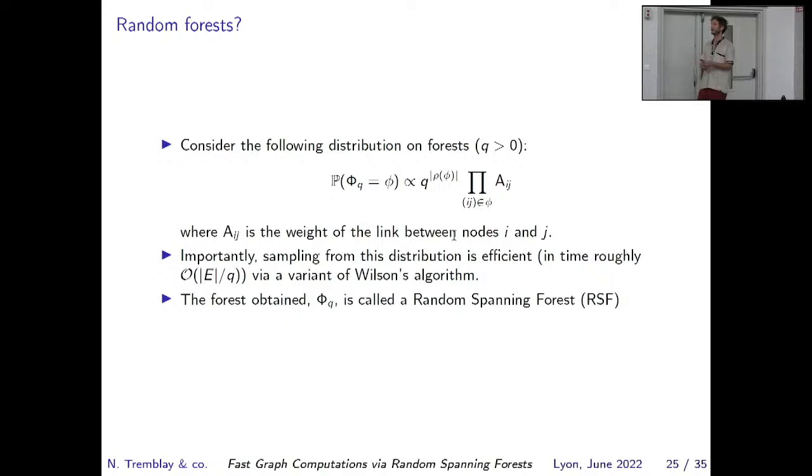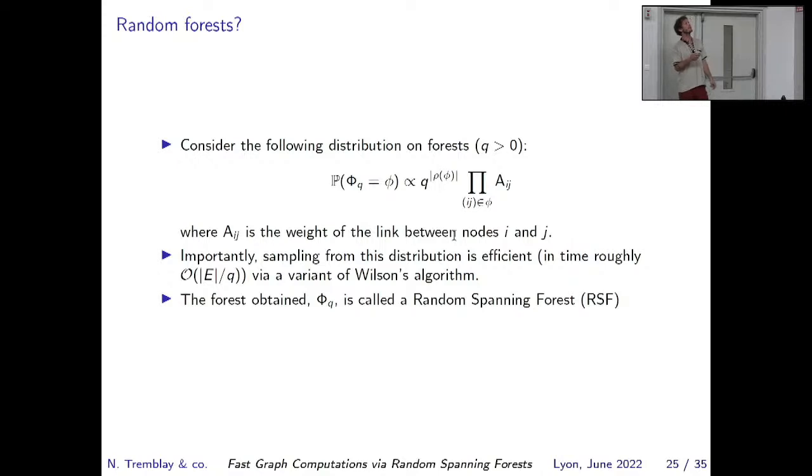You need to diagonalize the whole kernel. Here you don't have to do this, and I still don't really understand why. There's something profound here that I miss. I'd be happy to talk about this later if any of you have some insights. But in our case, we're very happy because we can access random spanning forests very fast.